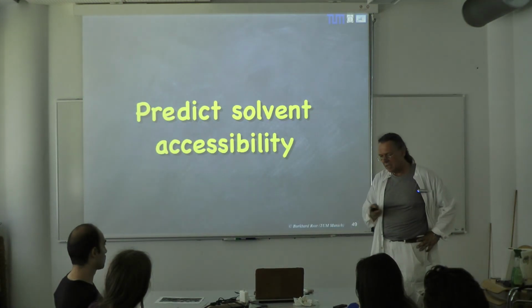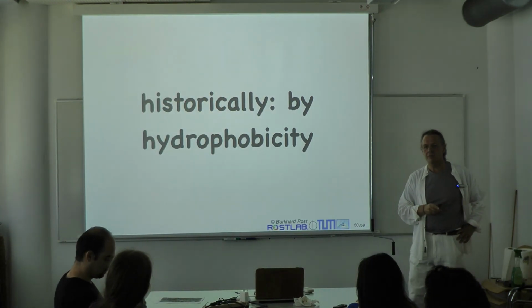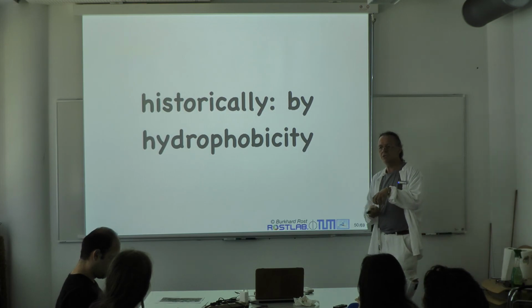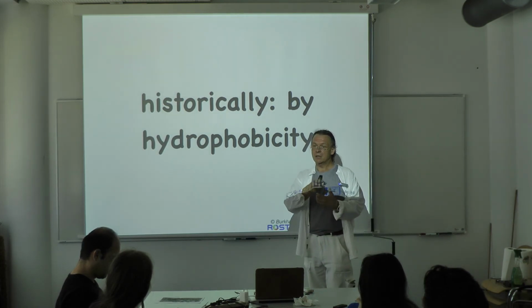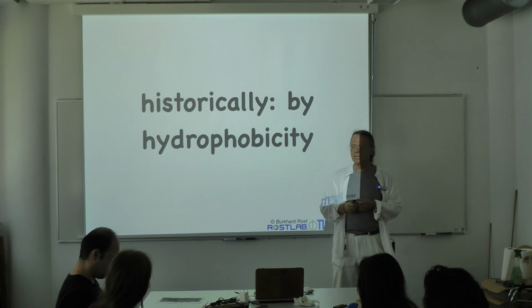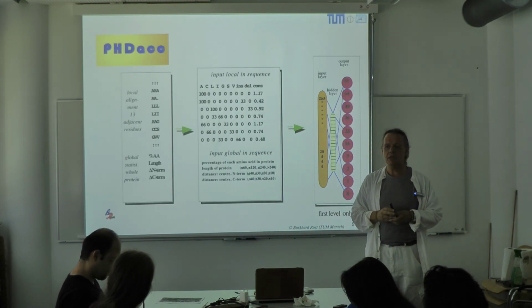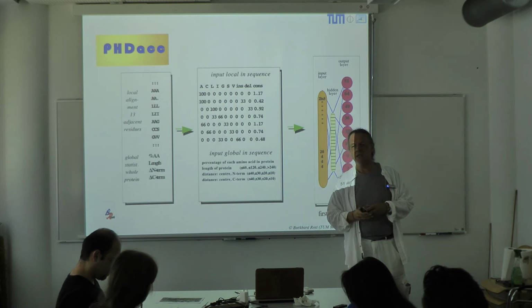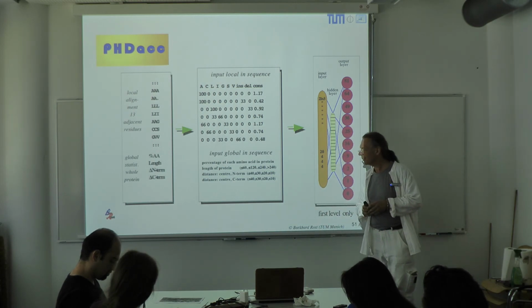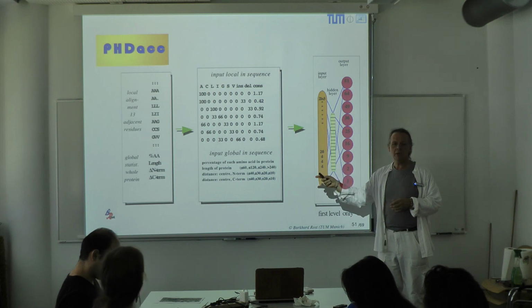Historically, the way we predict solvent accessibility is by hydrophobicity. Again, residues that are hydrophobic are on the inside, residues that are hydrophilic are on the outside. More recent, again, on your scale, this is not really recent, it was done 22 years ago, using a neural network.